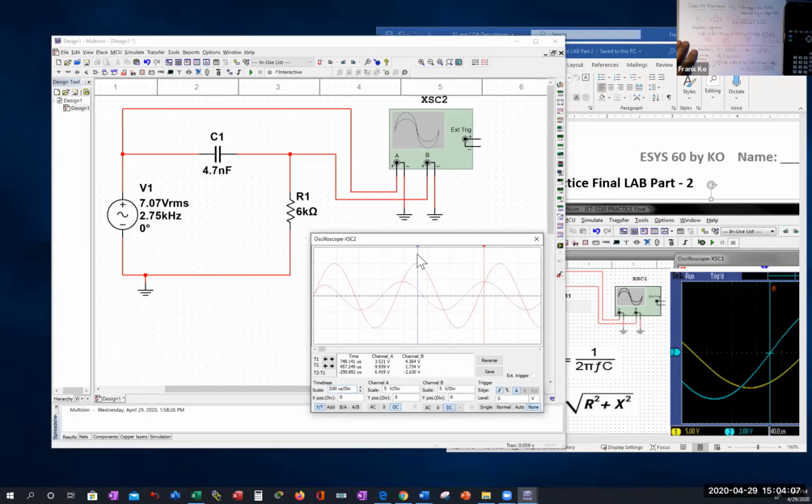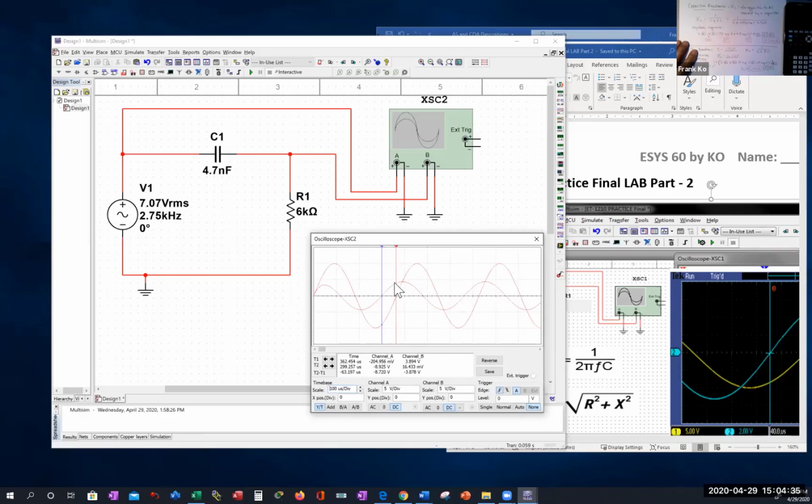More importantly for us, we want to determine something called phase shift. We want to determine the space between when this lower waveform crosses over, and when this one crosses over right here. So the blue cursor is where the small waveform crosses over from negative half cycle to the zero line to the positive half cycle.